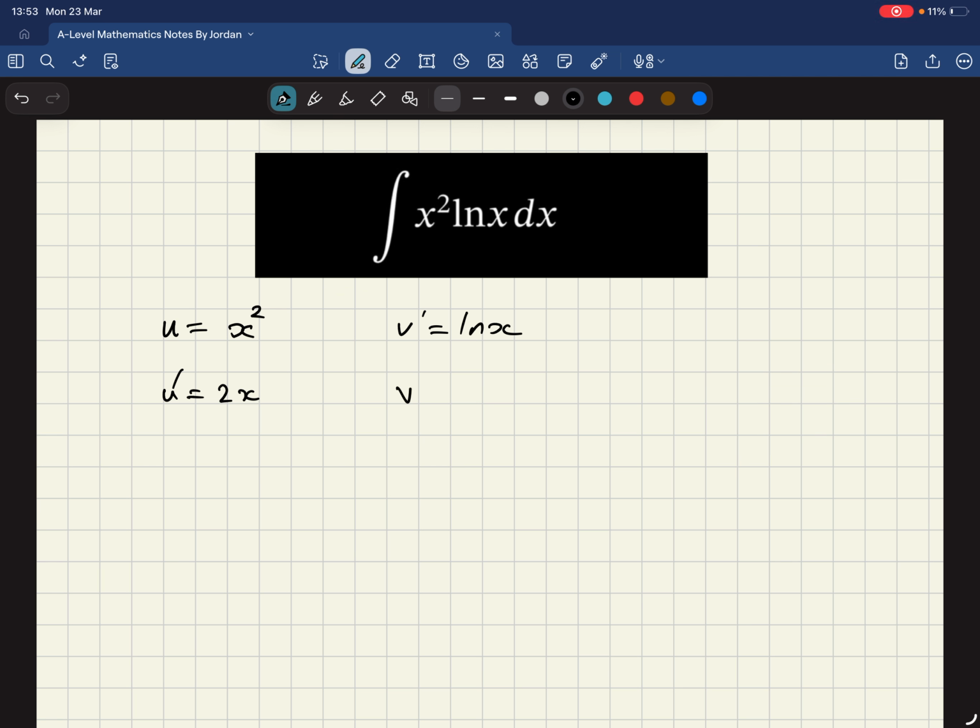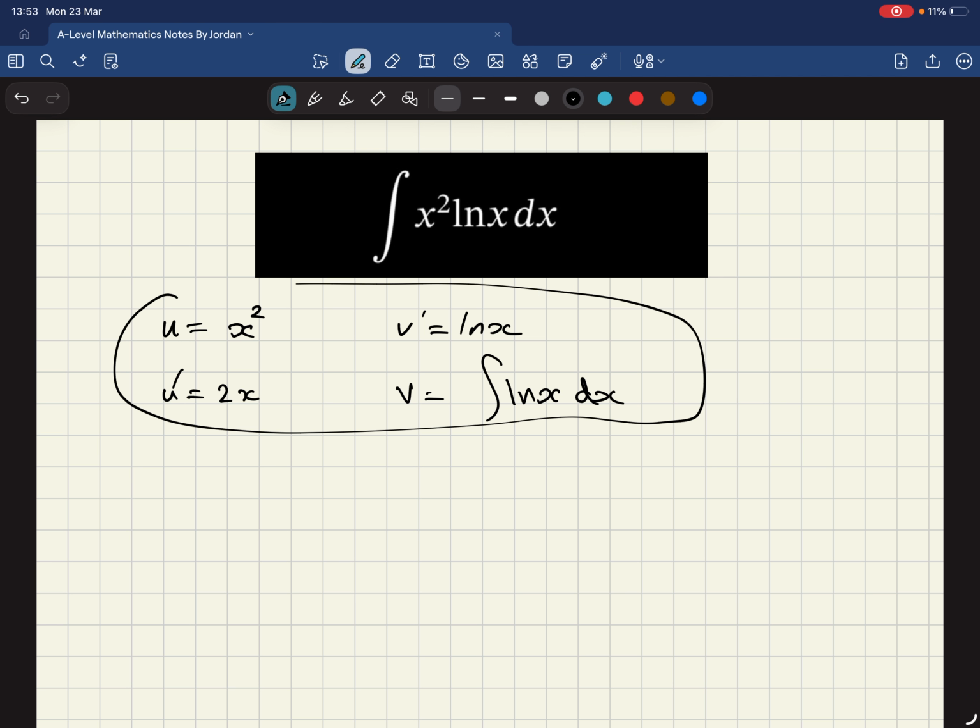Right, v here would be the integral of ln x with respect to x, which we can work out, but this would still need to use by parts twice. So there's option 1. Now option 2, if we did instead u as ln x, then u dash would be 1 over x.